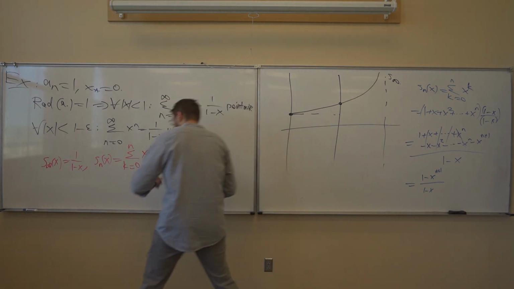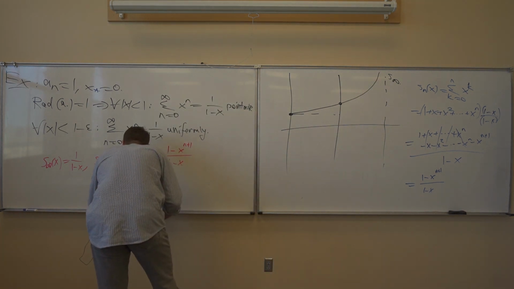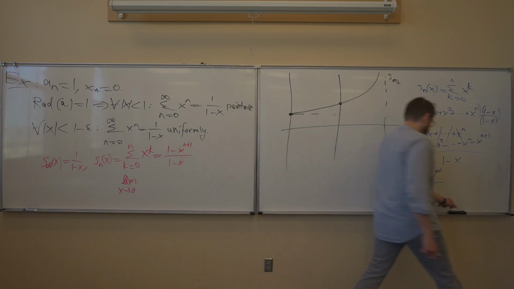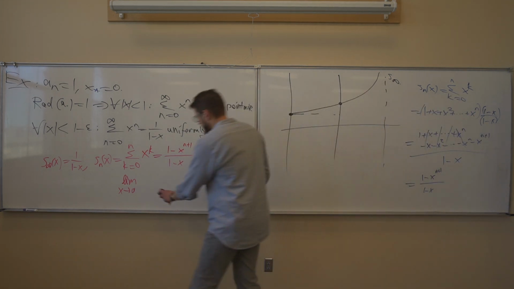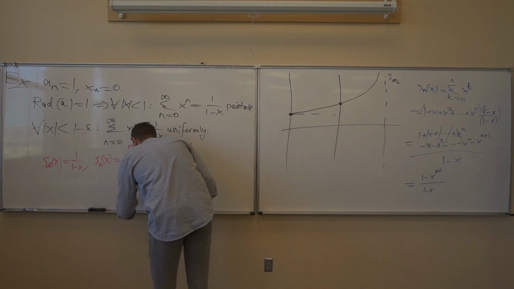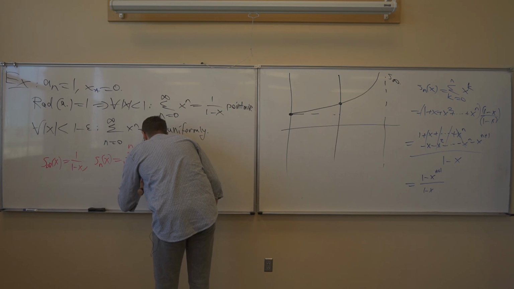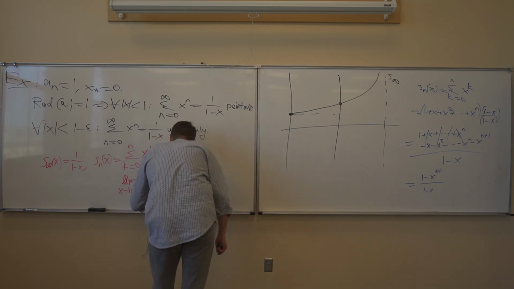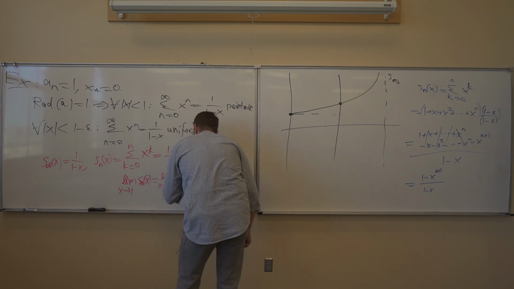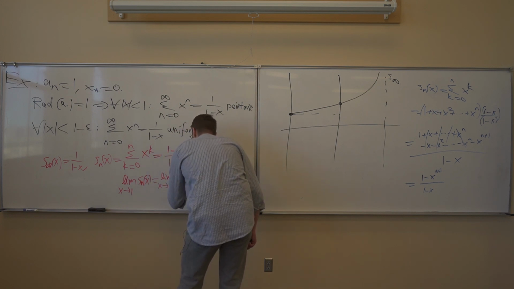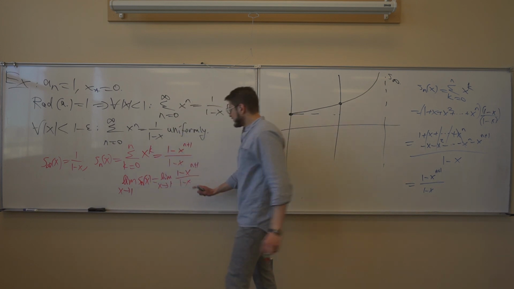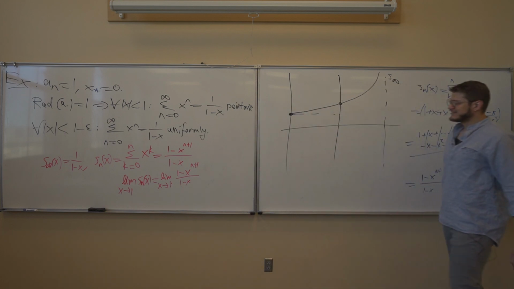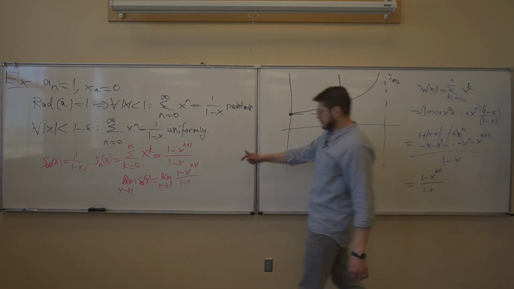so let's do this. Limit as x goes to 1 of s sub n of x is limit as x goes to 1 of 1 minus x to the n plus 1 divided by 1 minus x. So this is indefinite, right? It's 0 by 0.